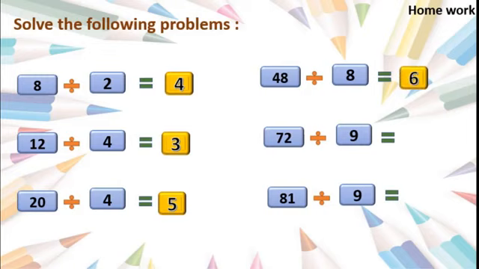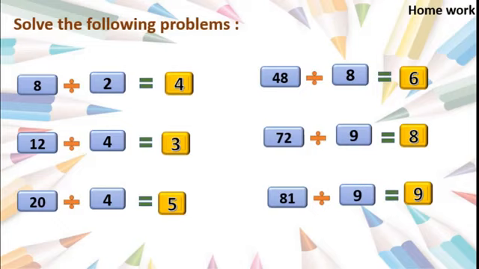Isn't it? So 6 is the answer. 72 divided by 9. So 9 8s are 72. Isn't it? 81 divided by 9. That is 9 9s are 81. Yes, please check your answer. If they are right, then put a right mark and put the marks.